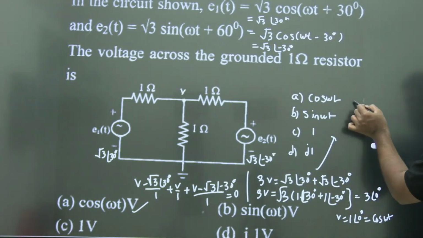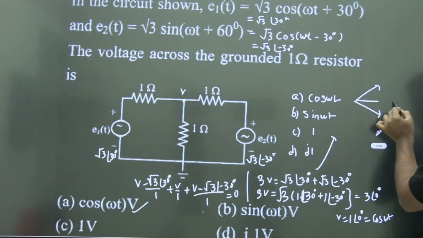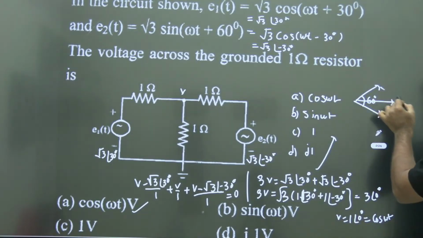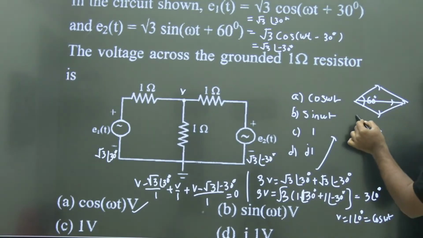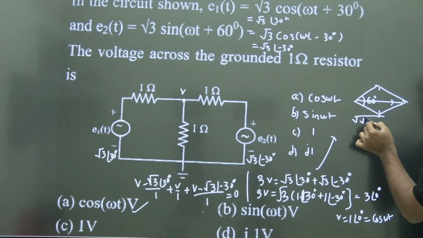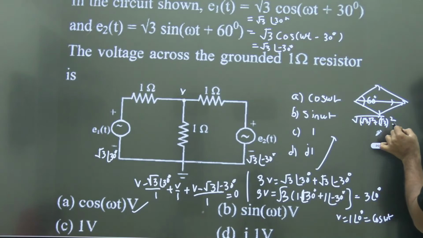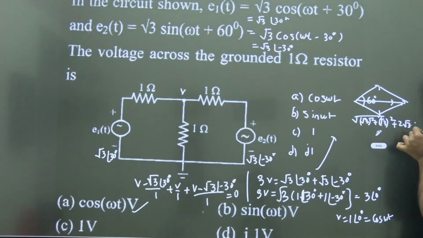In vectors we can solve like this. Two vectors with a phase difference of 60 degrees, the resultant will be equal to root of √3 whole square plus √3 whole square plus 2 times √3 cos 60 degrees is the resultant vector.